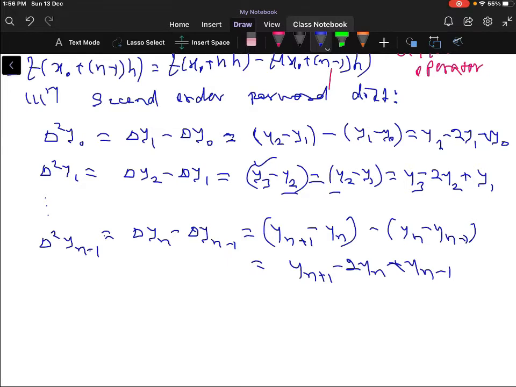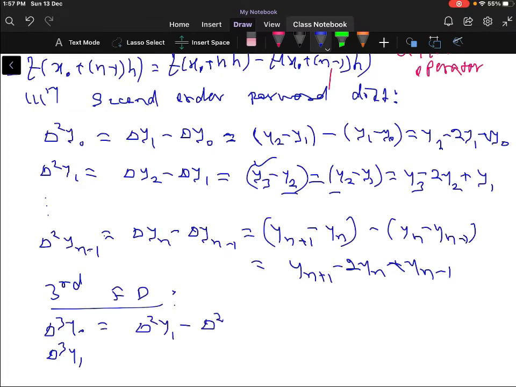Similarly, we can define the third order forward differences, that is delta cube y naught, delta cube y1. Delta cube y naught is nothing but delta square y1 minus delta square y naught.